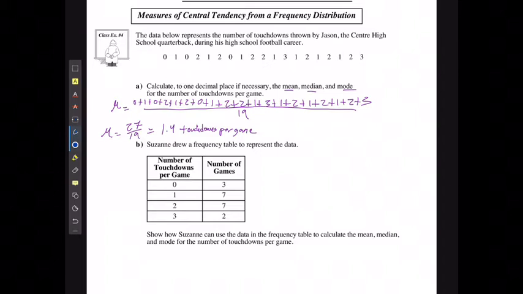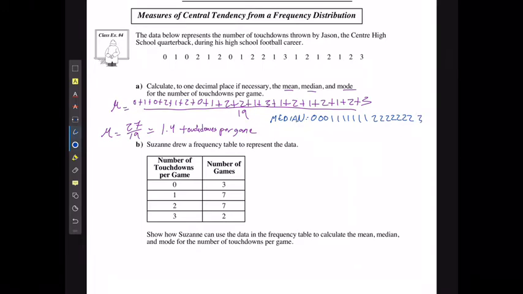For the median, I'm going to relist all the numbers, starting with zeros, then the ones, then the twos, then the threes. Well, I have 3 zeros. I have 1, 2, 3, 4, 5, 6, 7 ones. I have 1, 2, 3, 4, 5, 6, 7 twos.